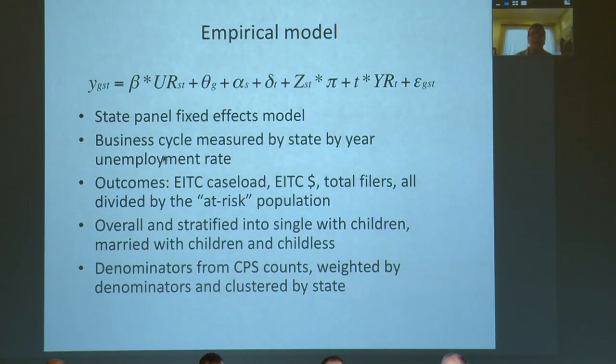And we need a version of the at-risk population for the denominator. So we created from the CPS counts of people in these groups. So for example, for singles with children, the numerator would be something like the number of returns claiming the EITC amongst singles with children, and the denominator would be an estimate of the number of singles with children from the CPS.